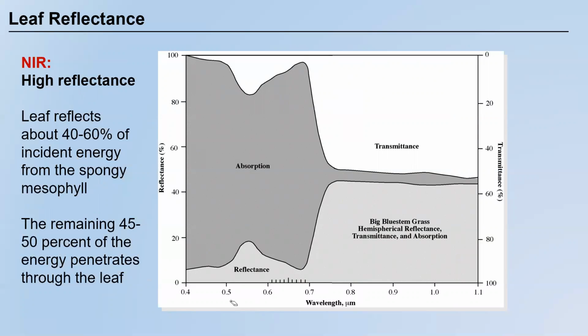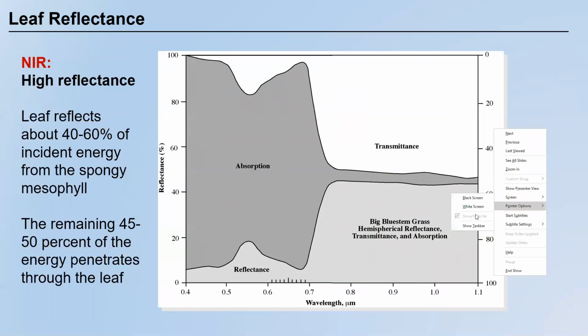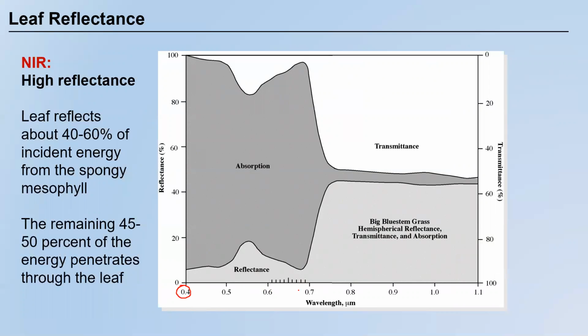And here, this figure is showing you the relationship among transmittance, absorption, and reflectance of vegetation at different bands. So you can see here from 0.4 to 0.7. That's the visible band, right?